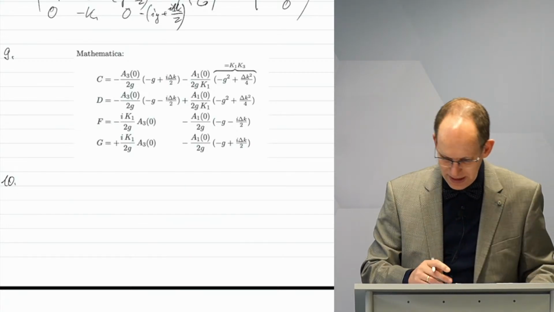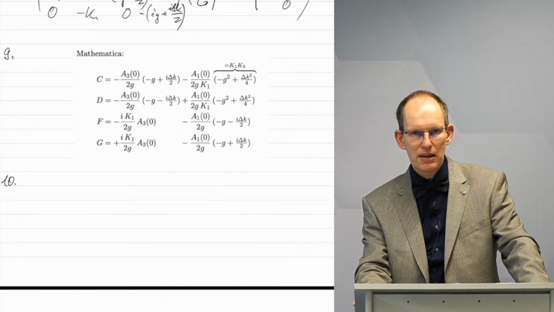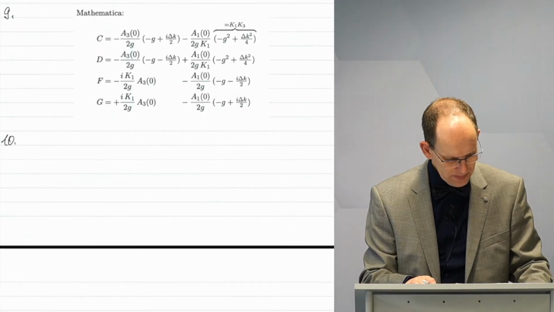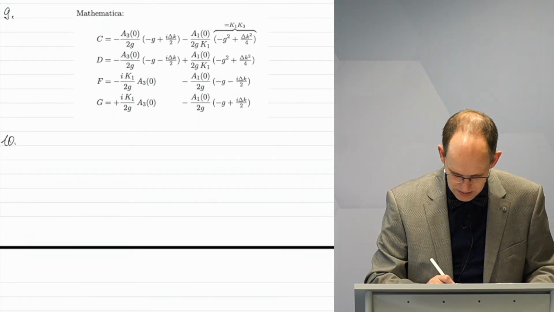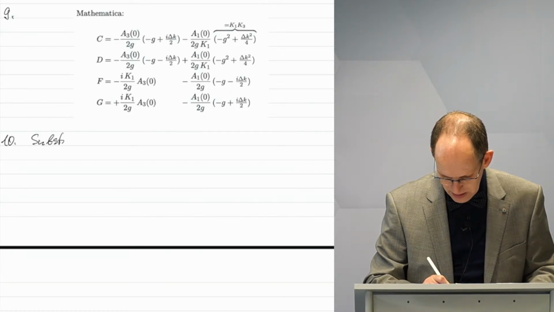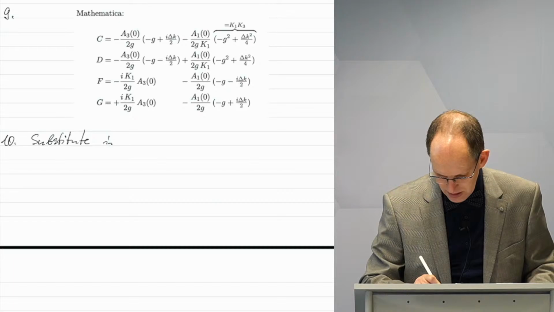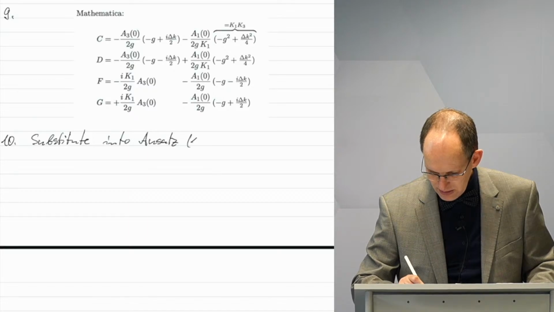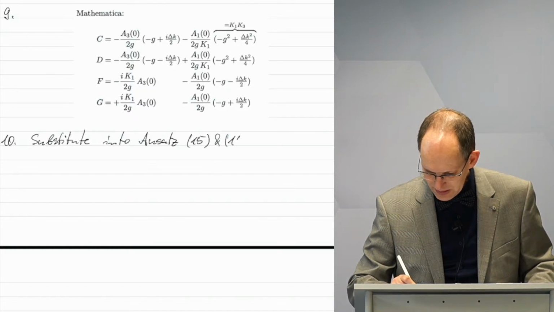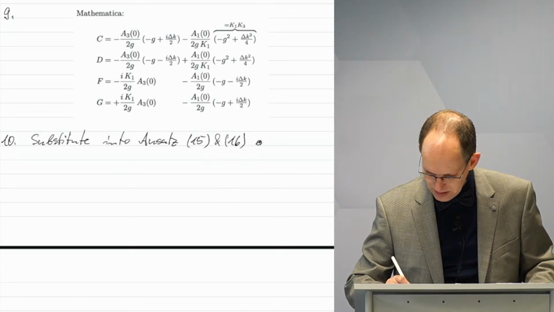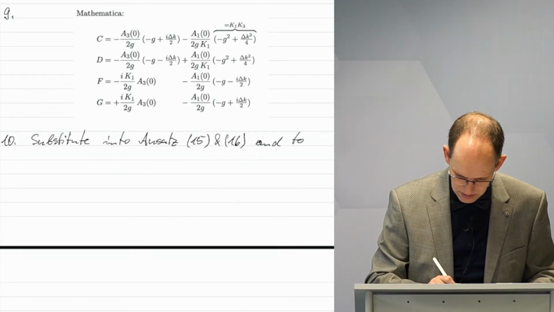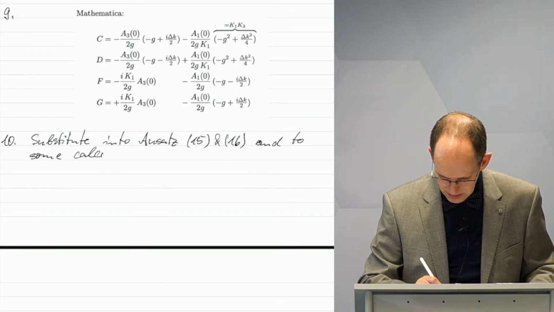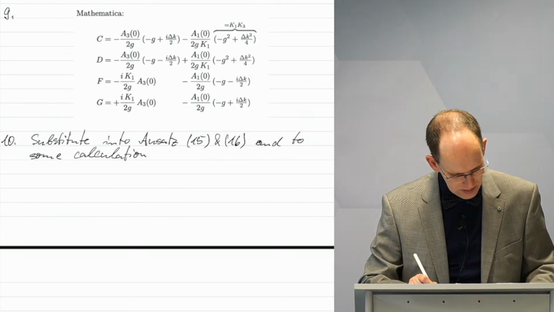And of course it makes some work. So one has to do some simple calculations: substitute into the ansatz 15 and 16, and do some calculations. A little bit lengthy but not complicated.